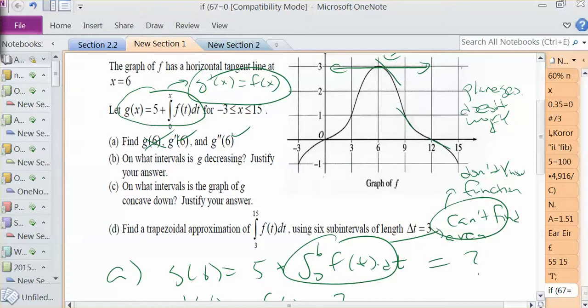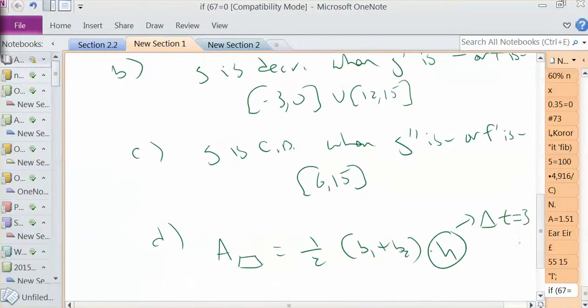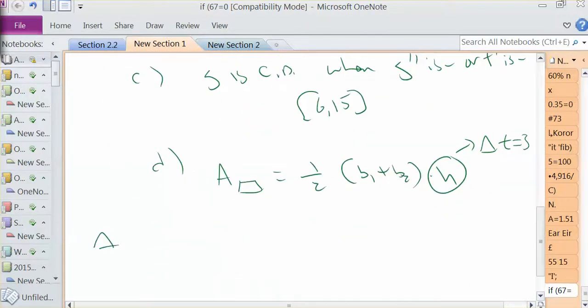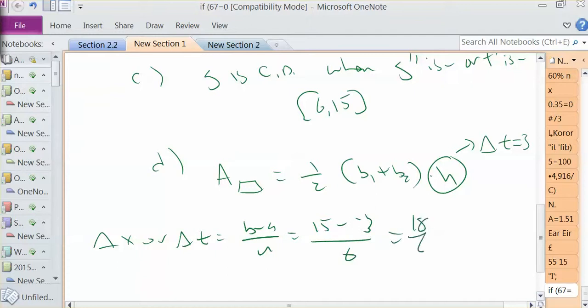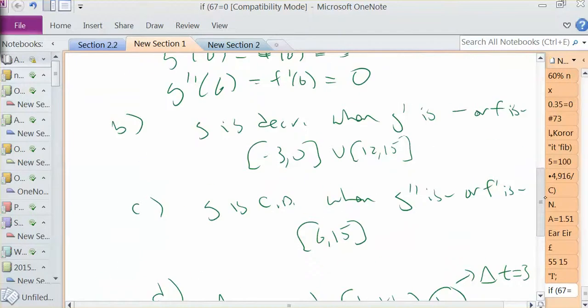Actually, I think that was supposed to be negative 3 to 15. My bad. Not 3 to 15. Because that wouldn't make sense if delta t is 3. Because remember, our delta x, or in this case delta t, is b minus a over n: 15 minus negative 3 over 6. Yeah. So anyway.